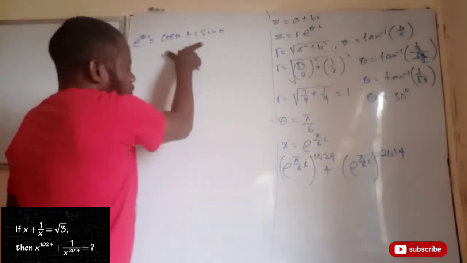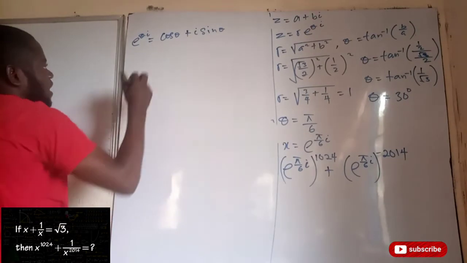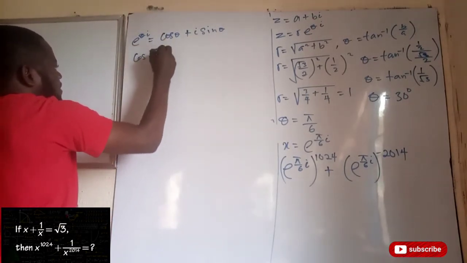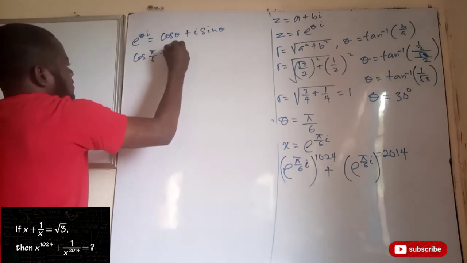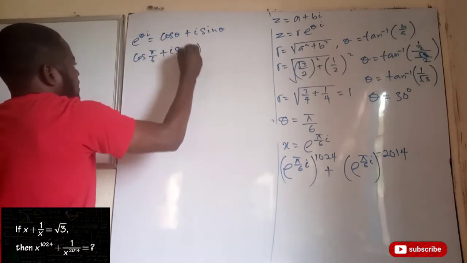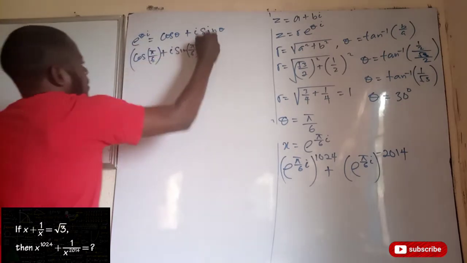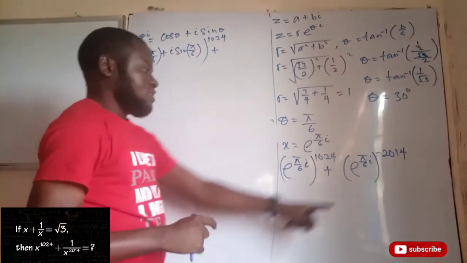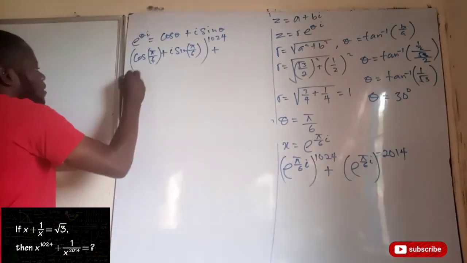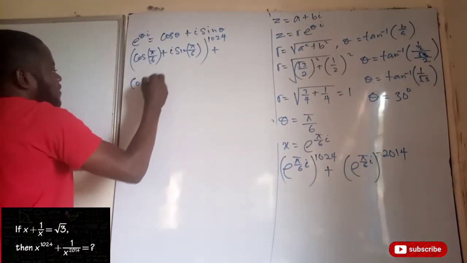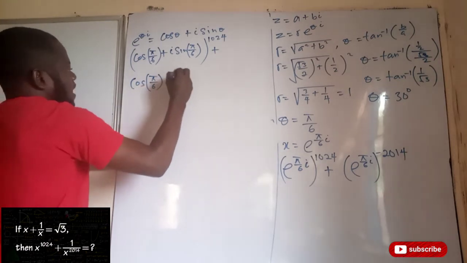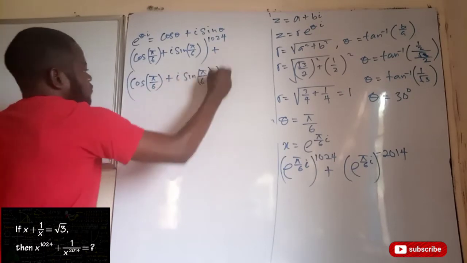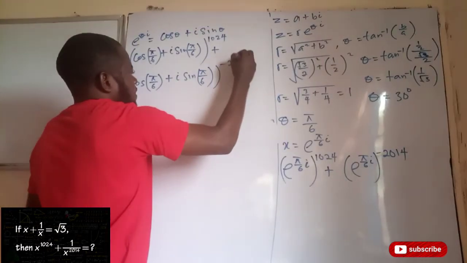So if I put this in place, I'm going to have cos of pi over 6 plus i sine of pi over 6, all raised to the power of 1024, plus cos of pi over 6 plus i sine of pi over 6, all raised to the power of negative 2014.